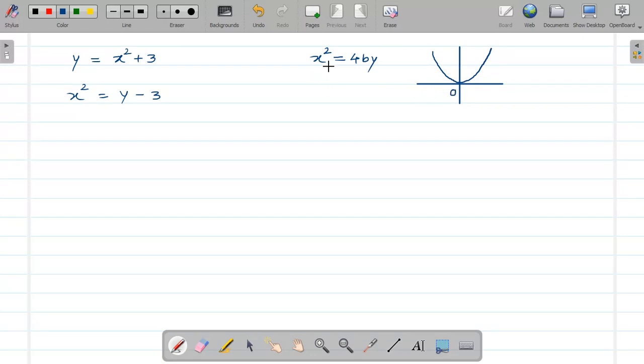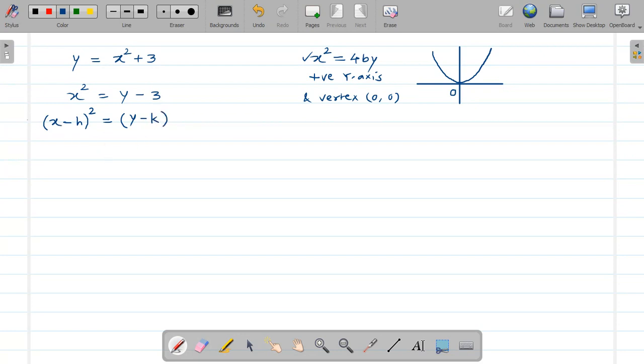Symmetric about the positive y-axis and the vertex is at the origin, and the equation is x square is equal to 4by. Now in this case, the equation of this parabola is x square is equal to y minus 3. In general, it can be written as x minus h whole square is equal to y minus k.